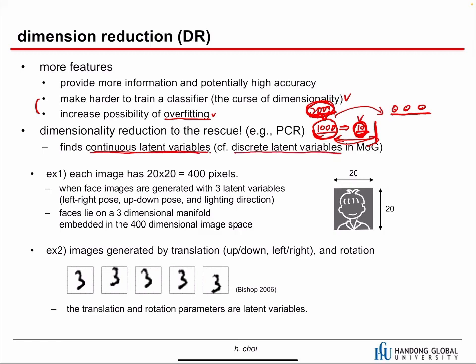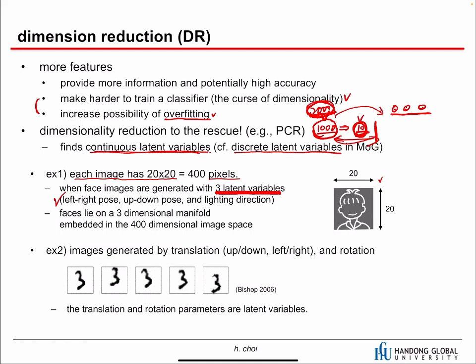For example, we have an image like this. Each image has 20 by 20 pixels, 400 pixels, which means one image is a point in a 400-dimensional space, which is quite a high dimensional space. But think about this. When face images are generated with three latent variables, left-right pose, up-down pose, and light direction, with only these three factors we actually change the image.